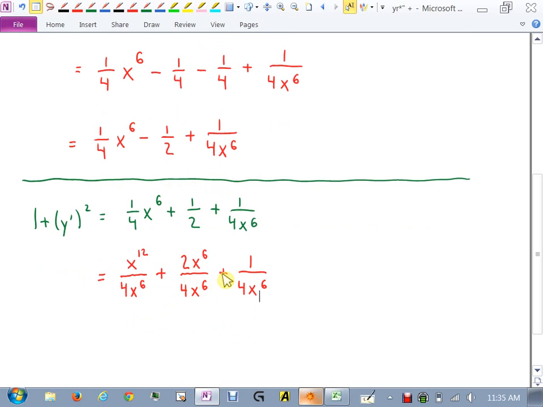I did these as separate terms so you could hopefully see that this is this, this is this, this is this. Now put them all together. X to the 12th plus 2x to the 6th plus 1 over 4x to the 6th. Anybody see what happens there?